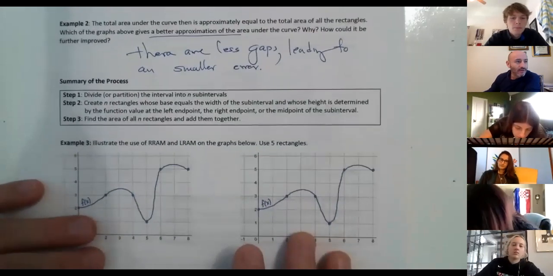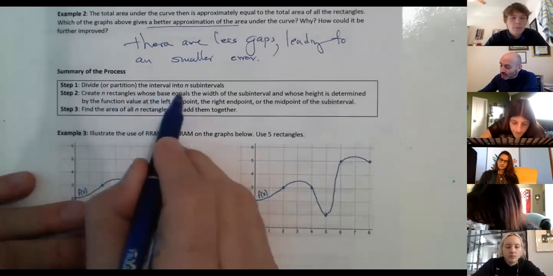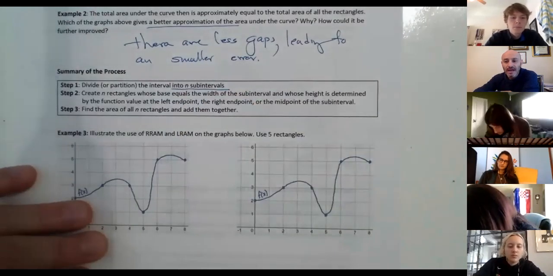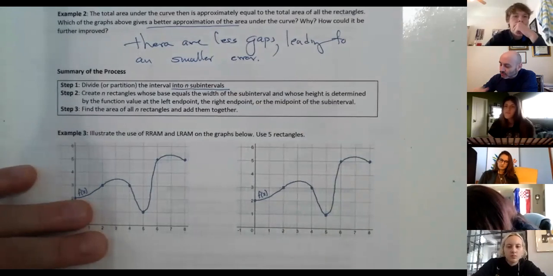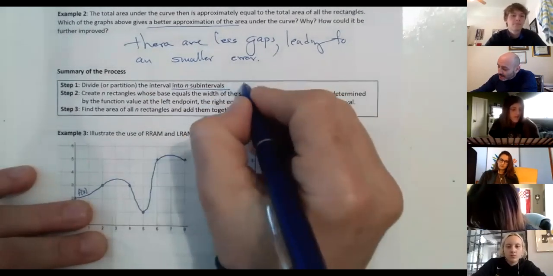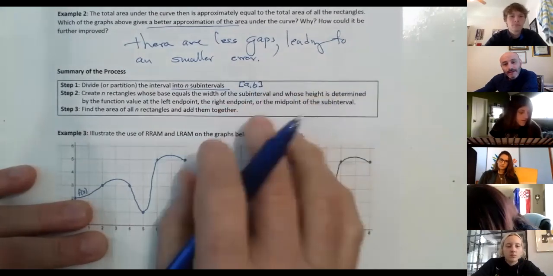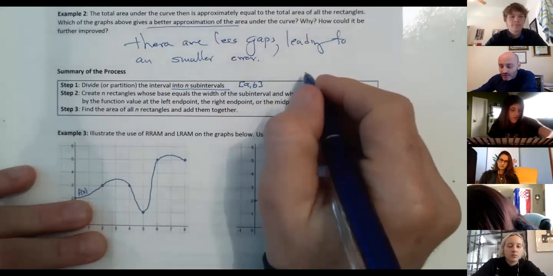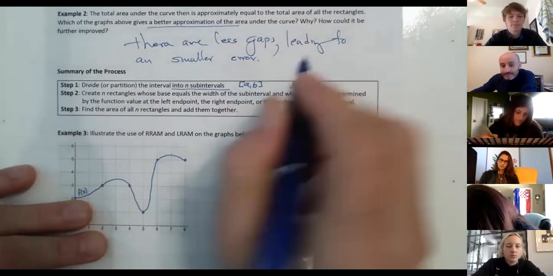So, summary of this process. Divide or partition the interval into n subintervals. Now, most of the time, we're going to use intervals of the same length, okay? So I'm going to introduce that here. If you have the interval from A to B, then the length of each subinterval is going to be (B minus A) over n.